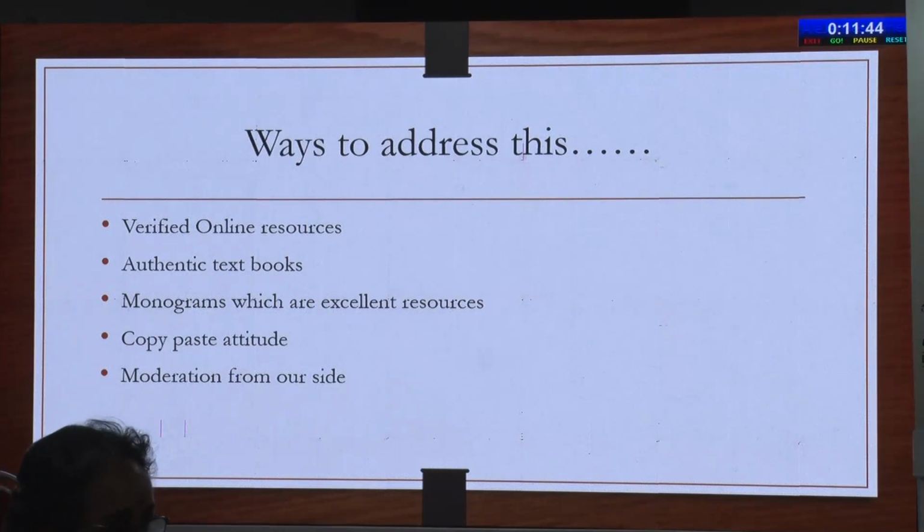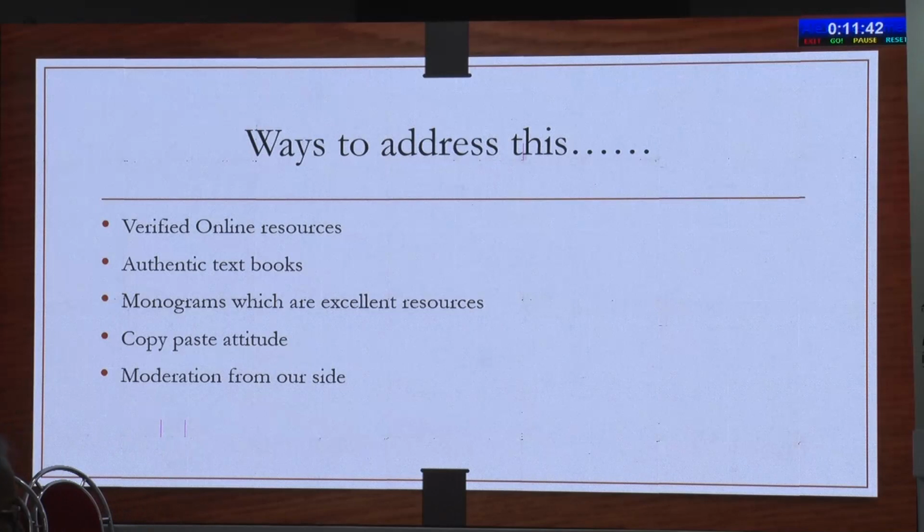I think, like you said, moderation from our side. One way to get it done was to assign a faculty member to preview the presentation and approve its contents a week beforehand.